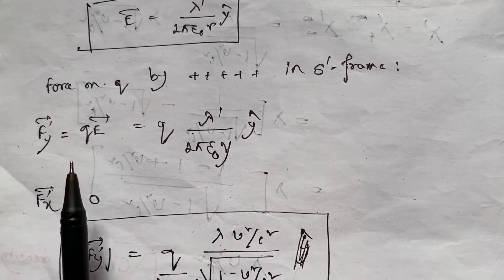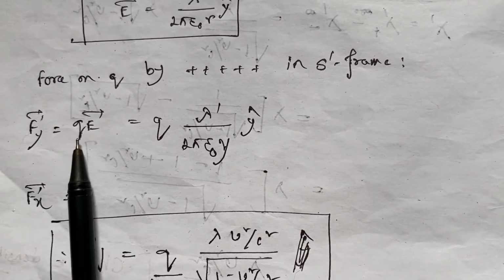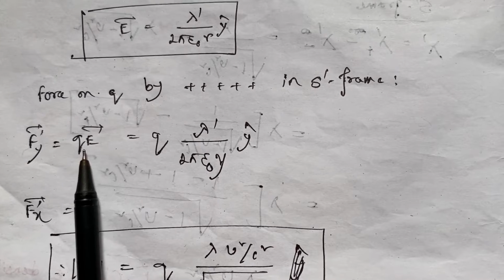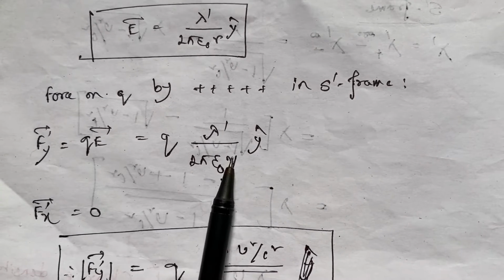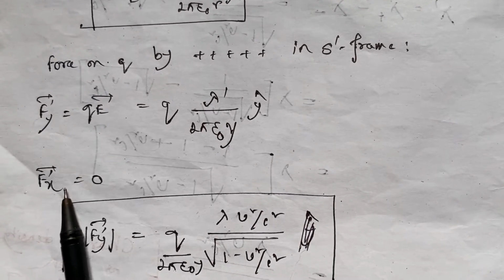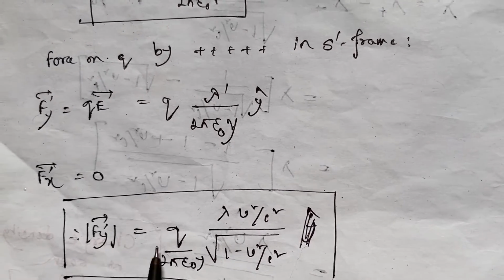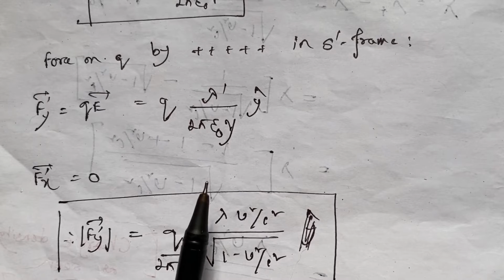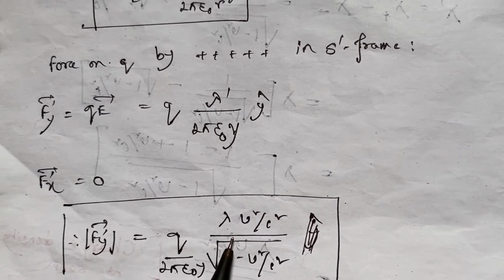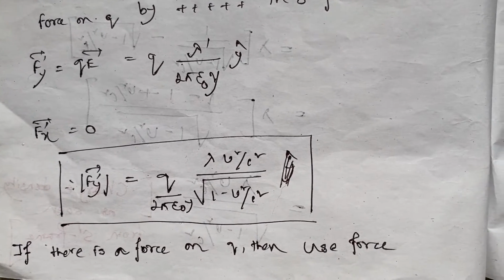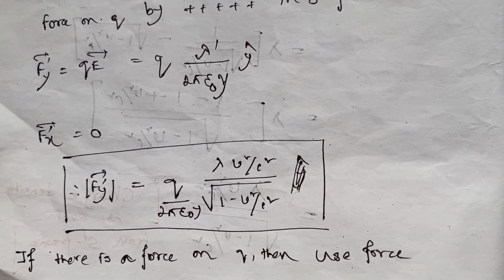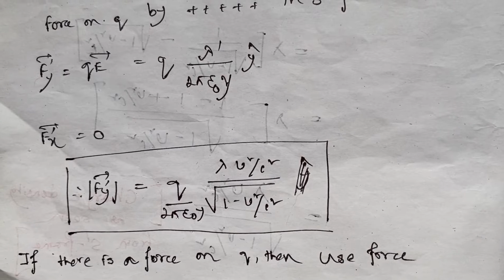So in the y direction, we have the amount of force experienced by this q charge because of the net surplus of positive charge. This is fx equal to 0, and we have fy. We have just substituted the value of lambda prime here. And if there is a force on the charge, we can use force transformation equations.